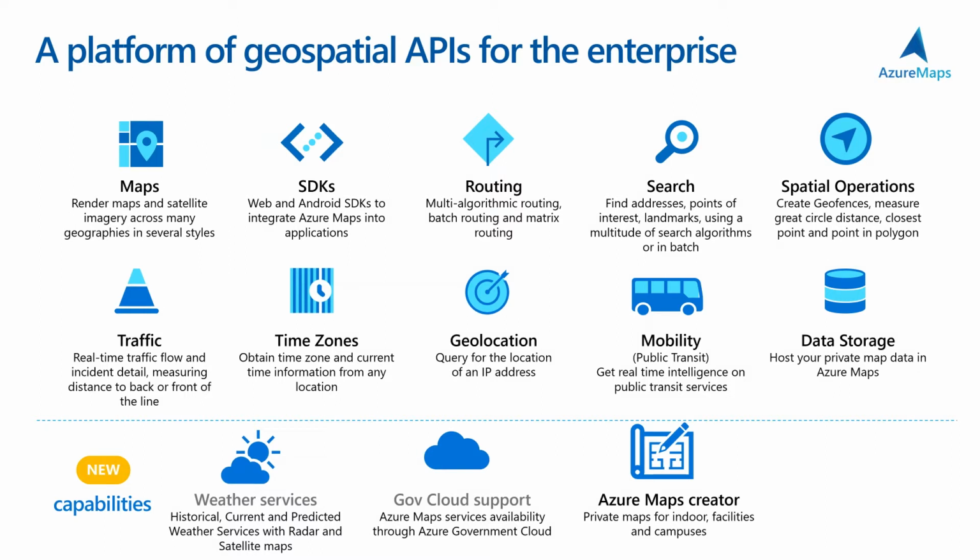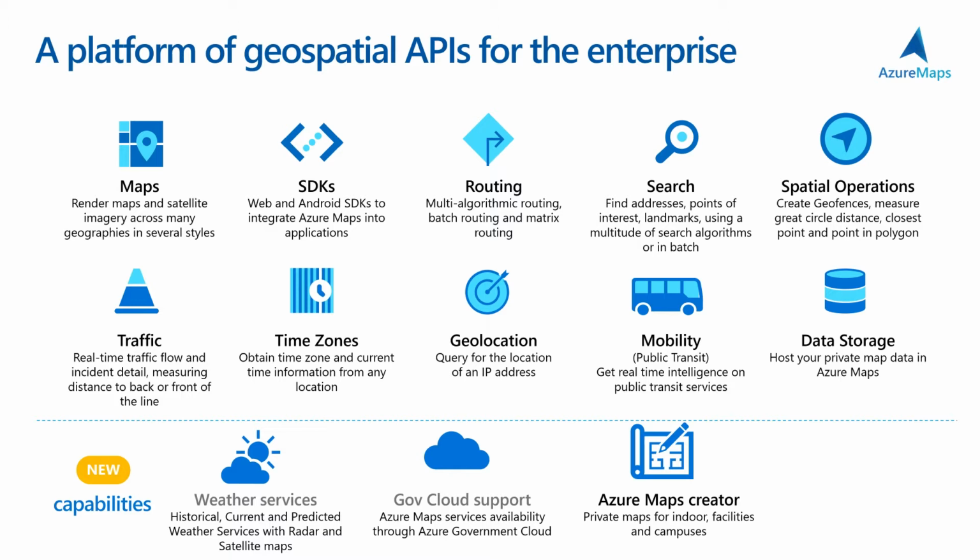We'll go into the details of this through examples more than slides, but essentially it covers maps from satellite to road data and building data and so on, to SDKs to actually help developers build the application, routing, all forms of routing, optimization, and so on, searching for points of interest, searching for landmarks, finding boundaries, administrative boundaries, all operations that you may want to do out of a search of an address, of a county or a province.